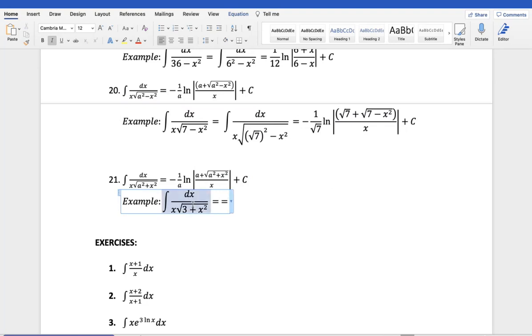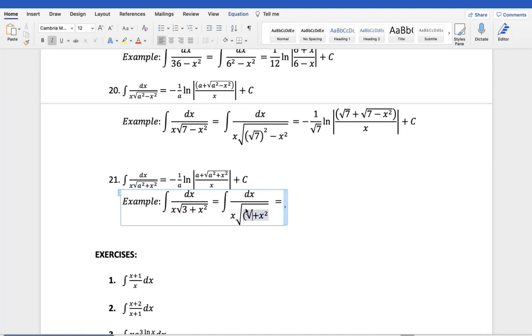And for a specific example, we look at the integral of dx over x multiplied by the square root of 3 plus x squared. And now obviously 3 is just the square root of 3 squared. So in our case, a is just equal to the square root of 3.